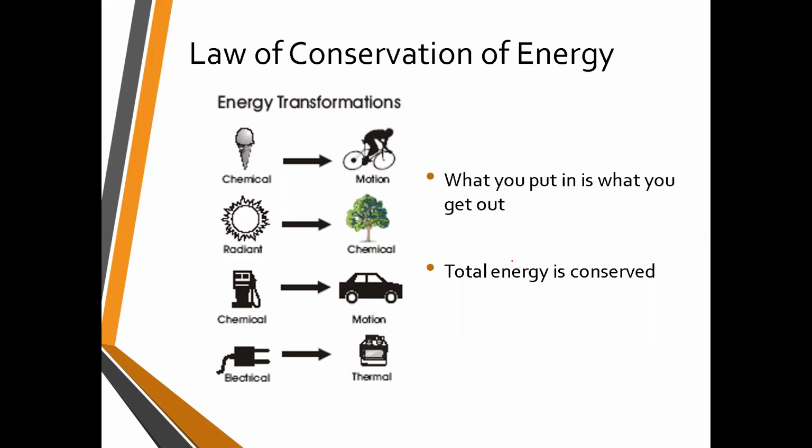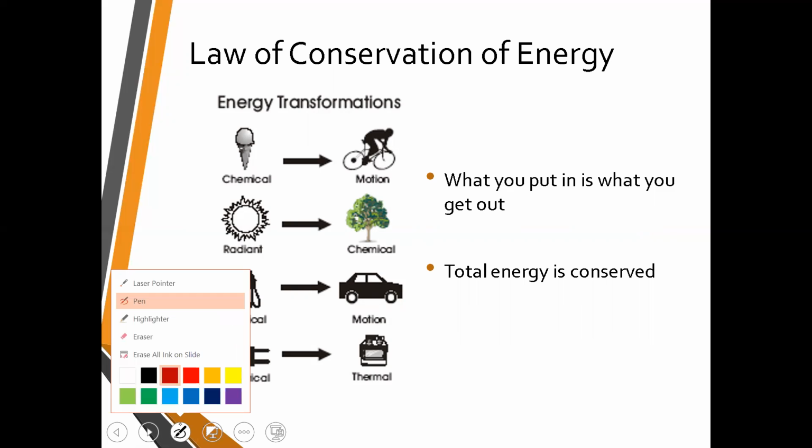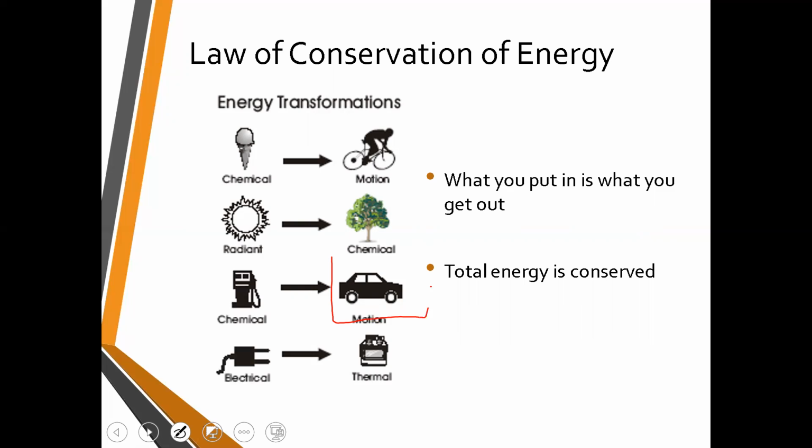Here we have the same examples, but I want you to know that what you put in is what you get out. You put in 5 joules as chemical, you have 5 joules put out as electrical. You put in 6 joules as chemical. I mean here you have a car, and this car is in a closed system.